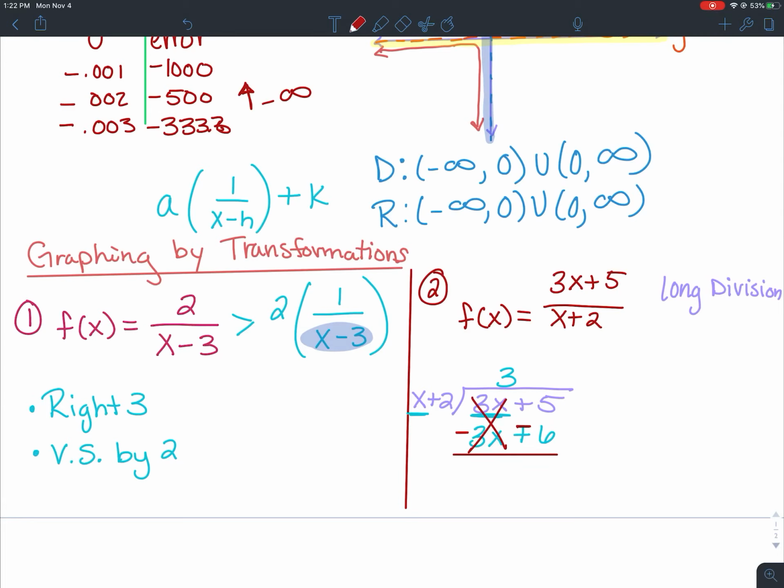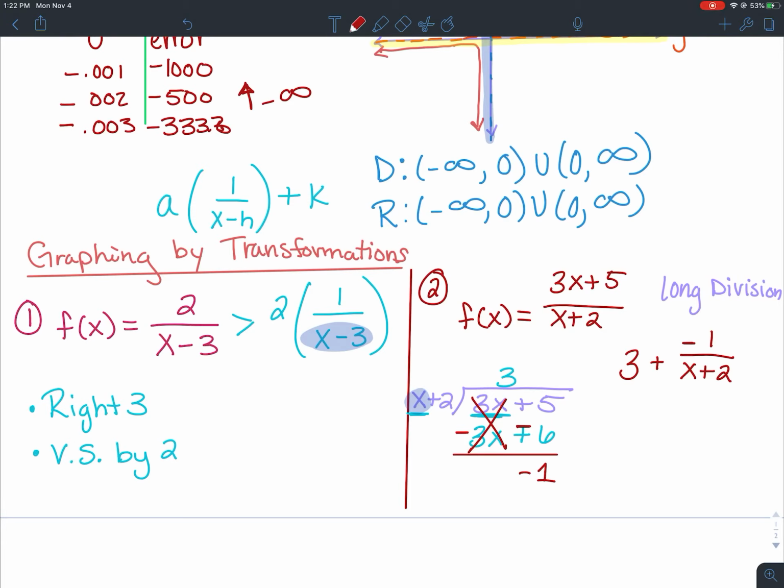So then this cancels. 5 minus 6 is -1. When you're doing long division, it's all about that first term. This x will never be able to be 1. So that's my remainder. So the answer is 3 plus -1 over x plus 2.